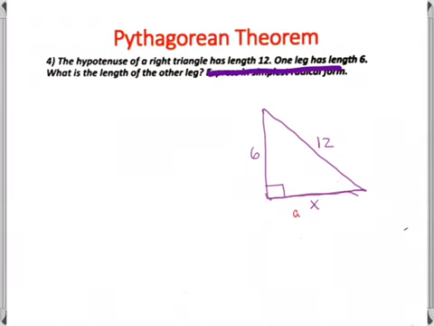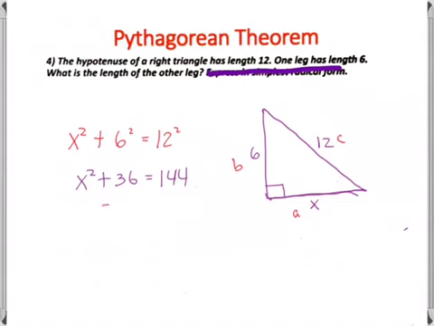So we have a, b, and c. So that means we've got a squared plus b squared equals c squared. Well, x squared stays x squared. 6 squared becomes 36. And 12 squared becomes 144.